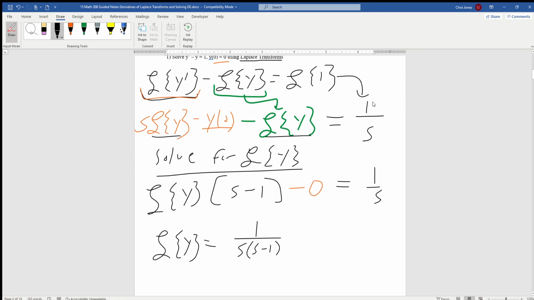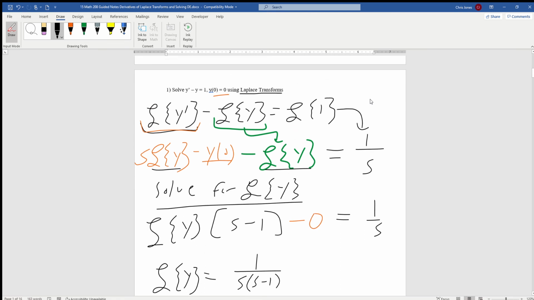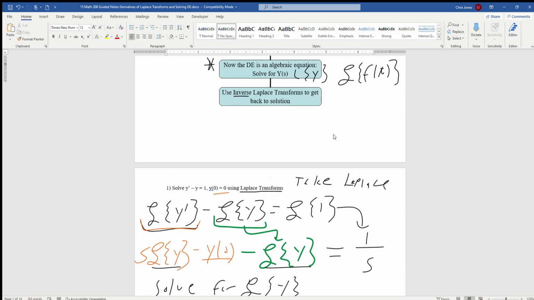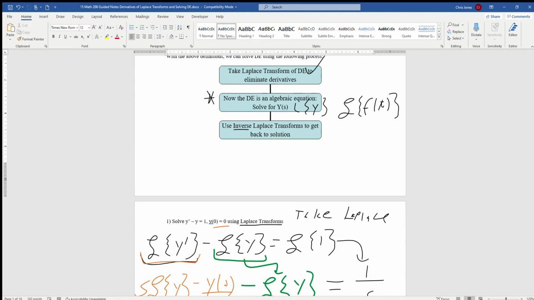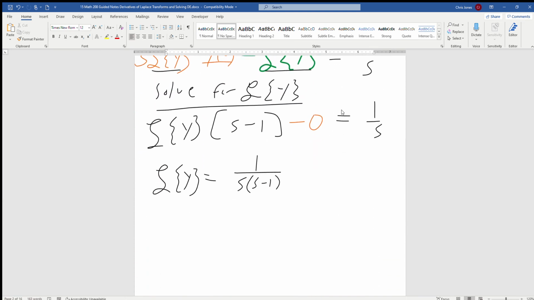All right. And if we're looking at our steps up here, we took the Laplace, we solved for L of y, and now we need the inverse Laplace. All right, and as we've seen, that's probably the most difficult part.